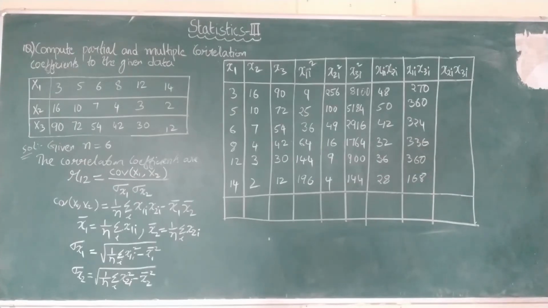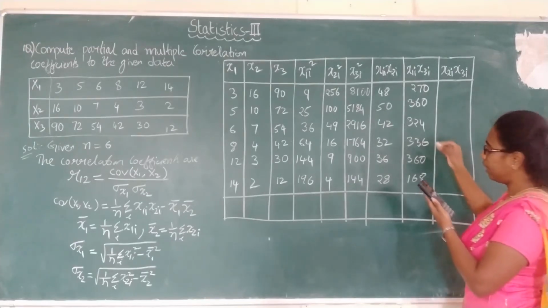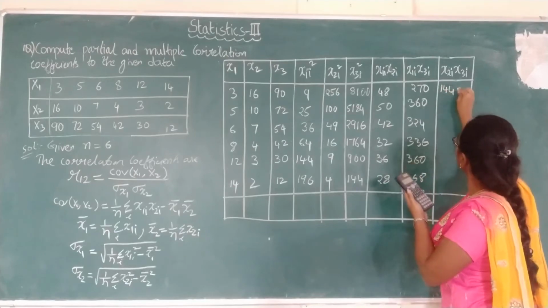So x2, the first value is 16, into the first x3 value, 90. 16 into 90 is 1440.